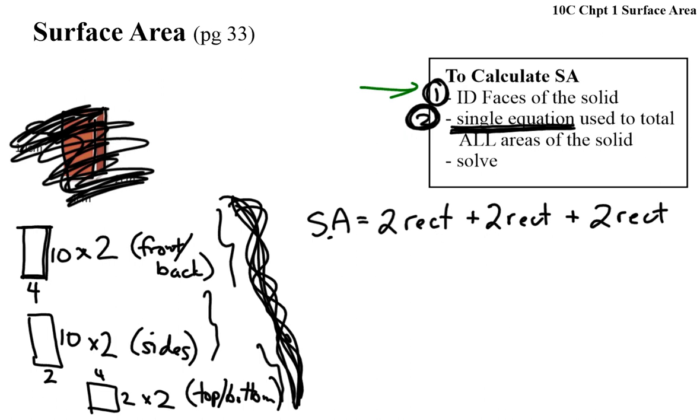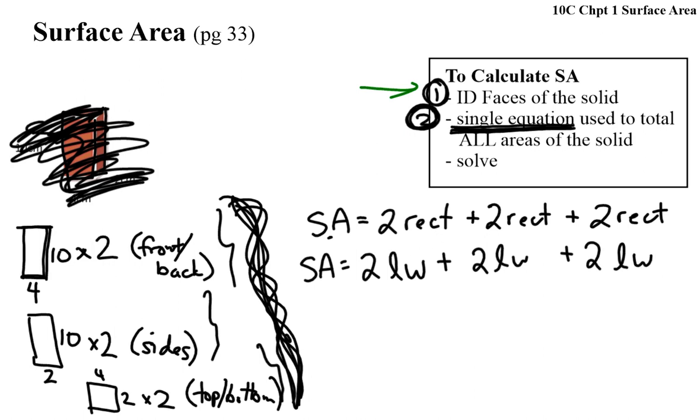Again, part of the organization. This way, hopefully, I will carefully understand and not forget that I have multiples of each face. I have two rectangles, which are LWs. I have two other rectangles, which will be LWs, and I have two more rectangles, which are LWs.